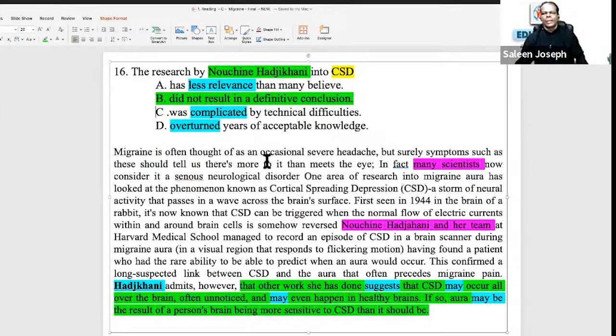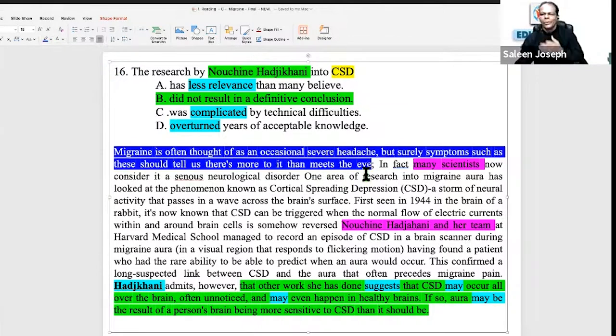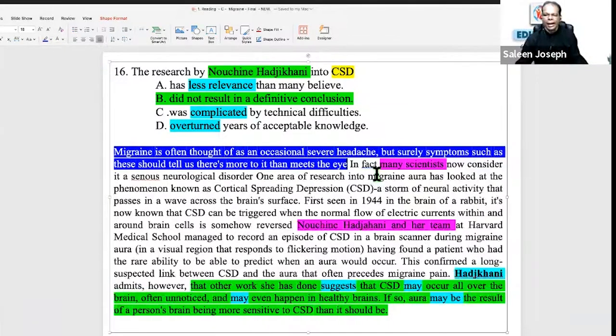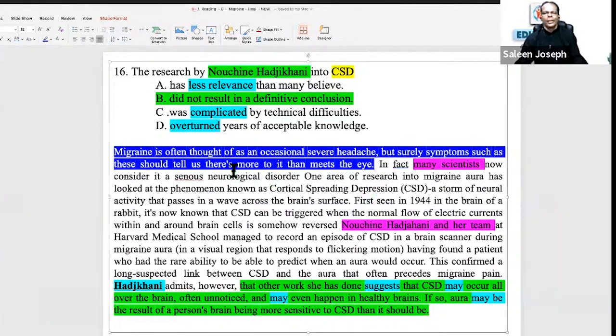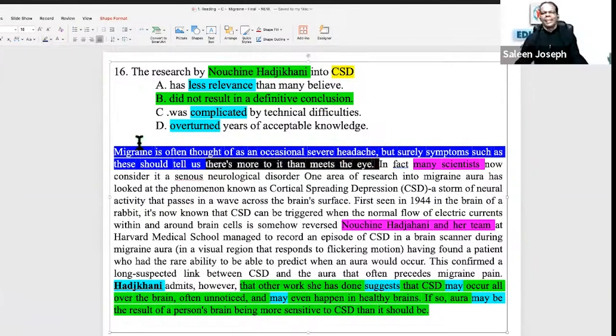See, migraine is often thought of as an occasional severe headache, but surely symptoms such as these should tell us there is more to it than meets the eye. What is this sentence? Topic sentence. If you know how to understand the topic sentence, you will get the answer there itself. This is the controlling idea of the topic sentence: there is more to it than meets the eye.